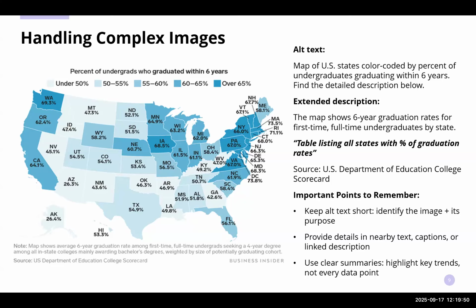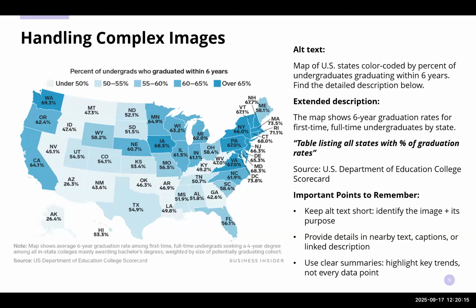Next, you can also summarize key trends. There are scenarios where you just want to describe the summary. So instead of listing everything, you can highlight the overall trends. And as I said, it completely depends on the context and purpose of the image.